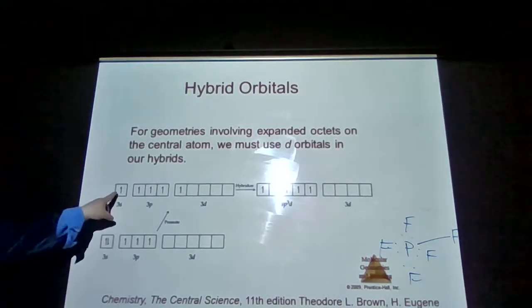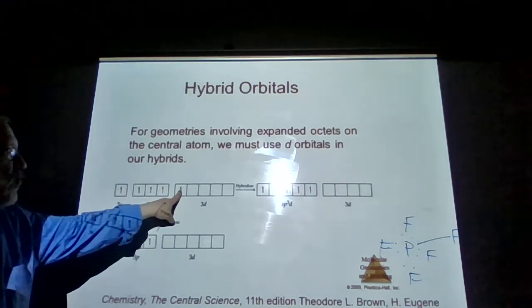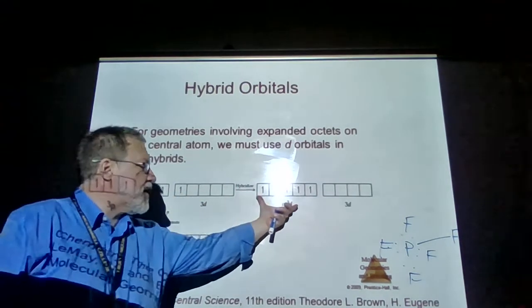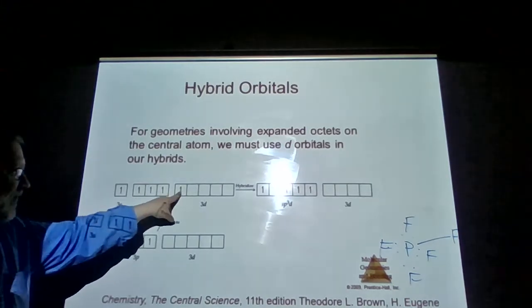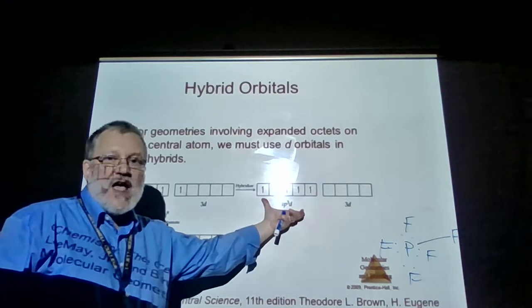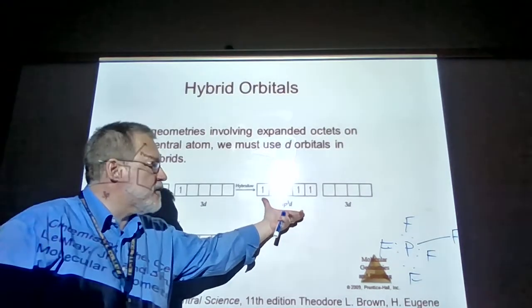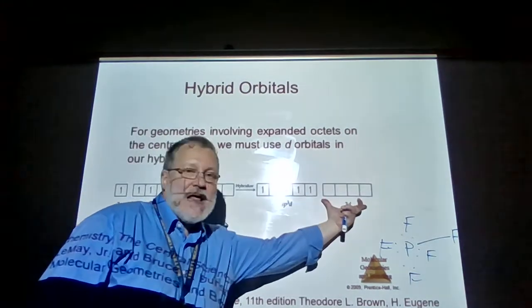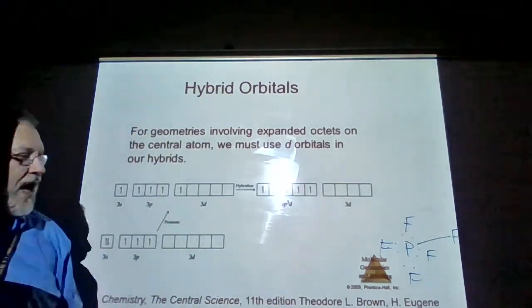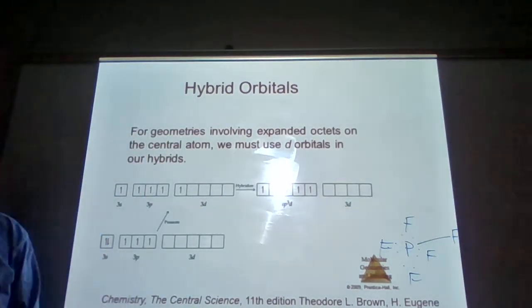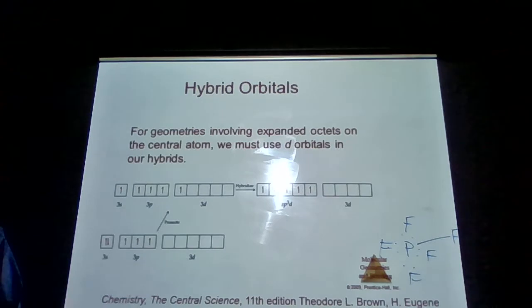So the s, all of the p, and one of the d orbitals have been hybridized to create 1, 2, 3, 4, 5 sp3d orbitals, and the remaining unhybridized 3d orbitals. That's what happens when phosphorus and fluorine react to form phosphorus pentafluoride.